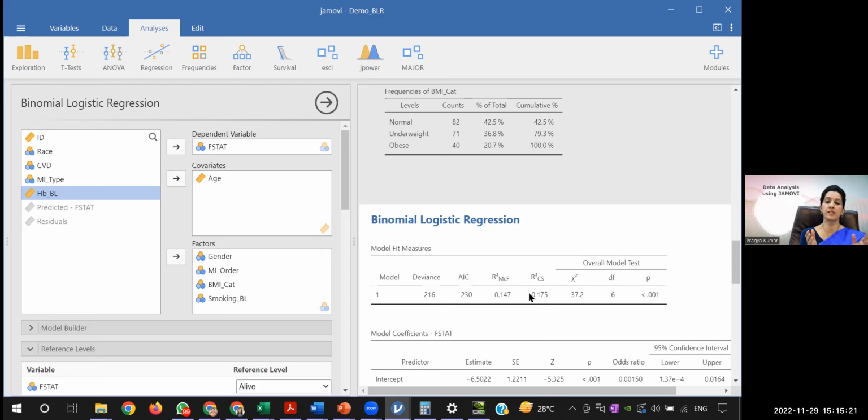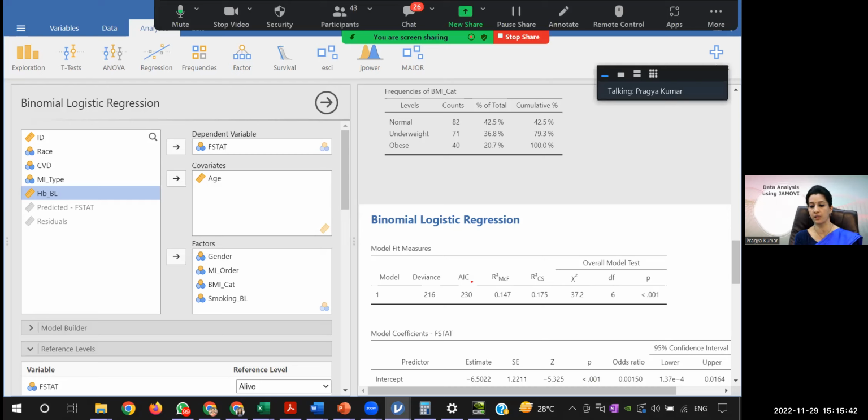R square is basically known as the coefficient of determination. So that value of R square, it is the correlation R square. If you multiply that by 100, it tells you the percentage variation in the dependent variable which is due to the independent variable.